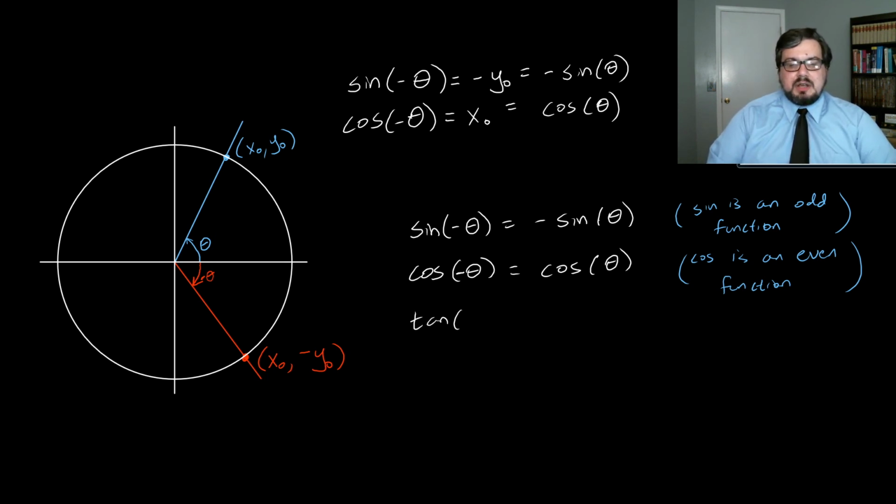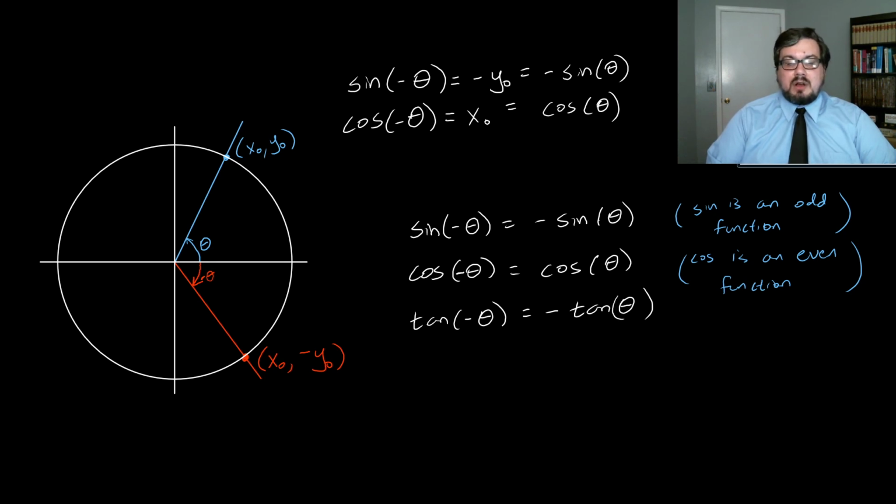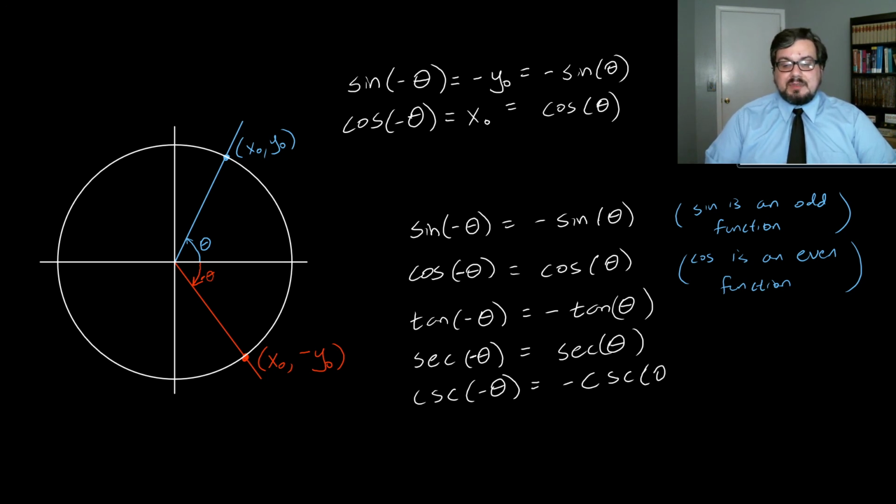Now, tangent of negative theta is going to be sine of negative theta over cosine of negative theta, and when you work all that out, you get negative tangent of theta. So tangent is another odd function. Secant of theta is the reciprocal of cosine, and cosine of negative theta is just cosine of theta. So secant of negative theta is just secant of theta. Cosecant of negative theta is going to be negative cosecant of theta, and that's because cosecant is the reciprocal of sine.